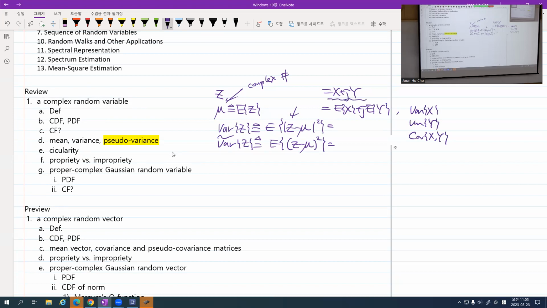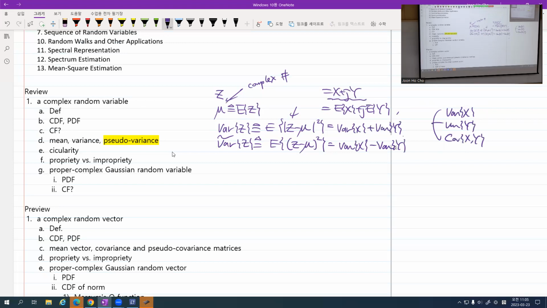Anybody remembers? The variance was the variance of the real part plus variance of the imaginary part. And what was the complementary variance in terms of the three second order moments? Now you just expand and you will see the variance of X minus variance of Y as its real part, and j times what? Covariance of X and Y, right?